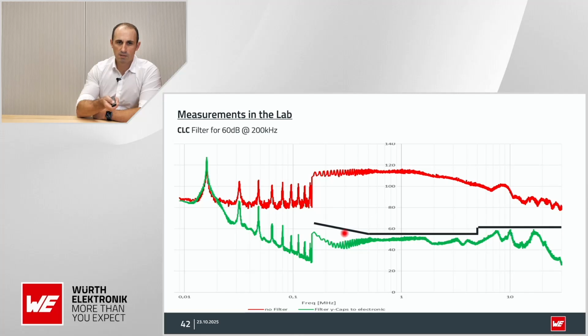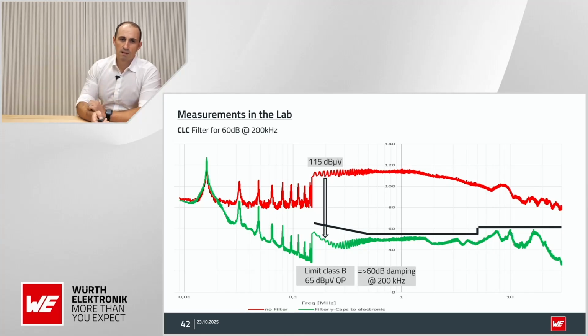What we can see perfectly is that we get our required damping, exactly what we calculated, and we stay under the limit over the whole frequency range from 150 kilohertz to 30 megahertz. Of course, in some areas we are maybe a little bit close, but this can be optimized by optimizing the filter components. But for a first draft, it was pretty good fitting.